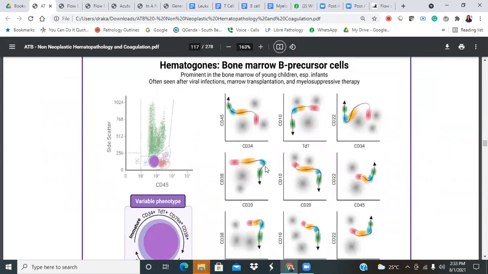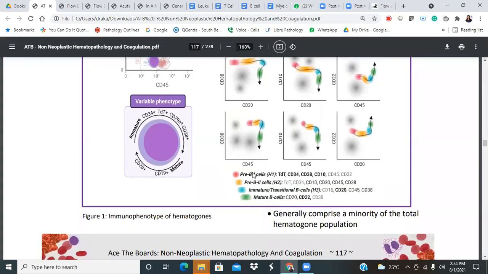So this is the same thing that we have shown in our book as well. Basically, there are these 4 stages, and he has nicely shown them as pre-B1, pre-B2, immature transitional B, and the mature B cells.